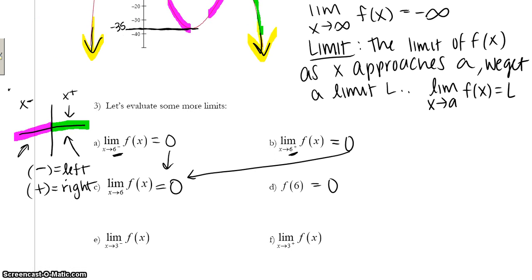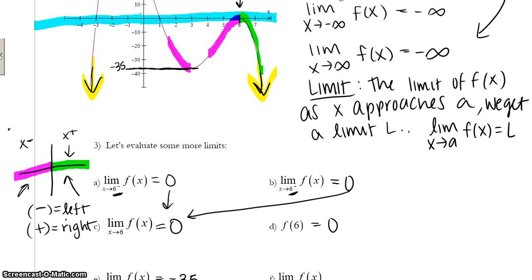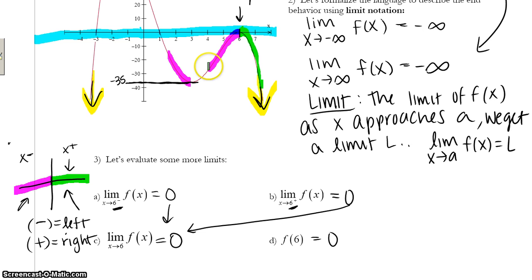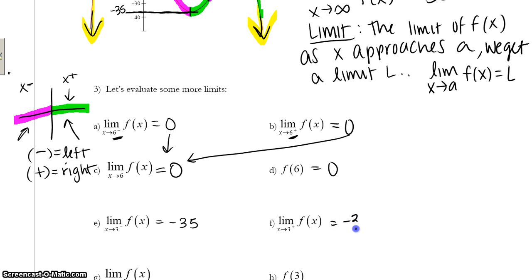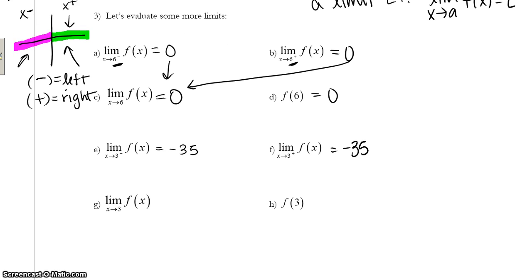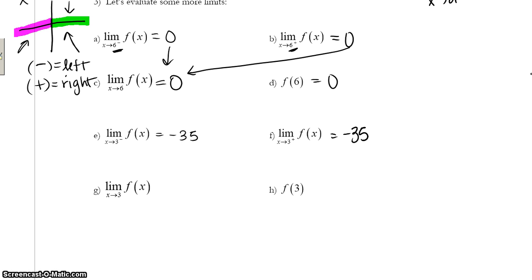So that means that the limit as x approaches 3 from the left side, f of x approaches negative 35. And as x approaches 3 from the right side, again, f of x approaches negative 35. And remember what I said, when the left-hand limit and the right-hand limit are both the same, then as x approaches 3, f of x approaches that number as well, which is negative 35.